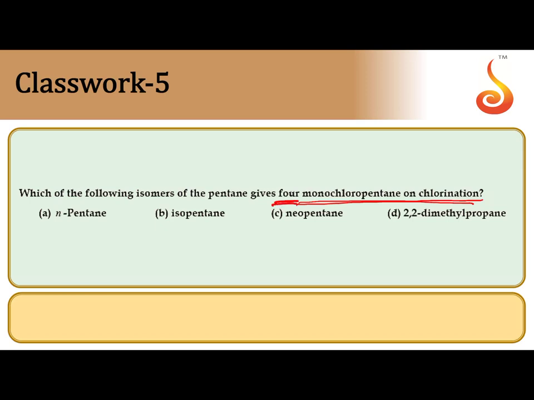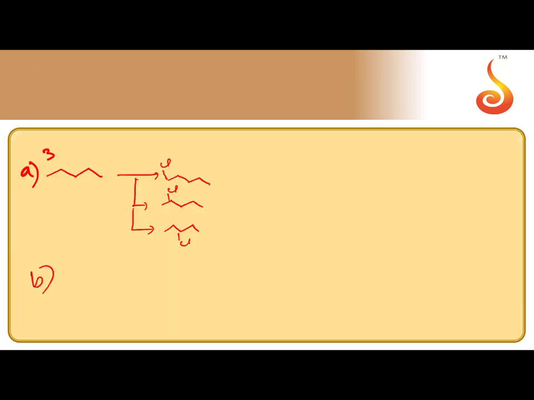Let us take B, isopentane. How many monochloro products are obtained? The two CH3 groups are identical since they are attached to only one carbon. This is one product. Next, chlorine is attached to the 3 degree carbon. Next, chlorine is attached to the 2 degree carbon.